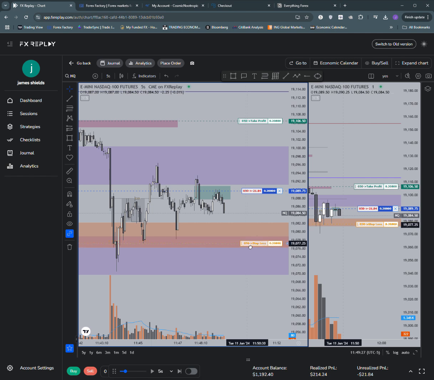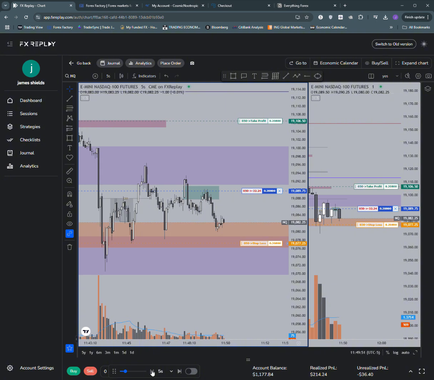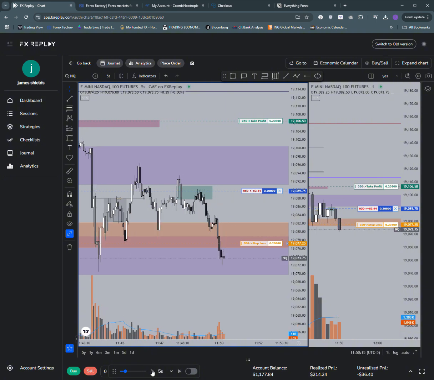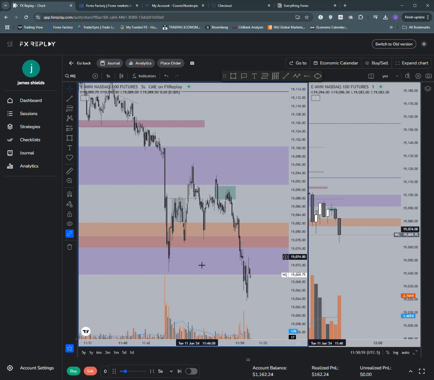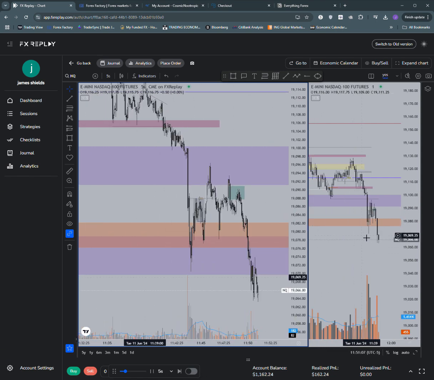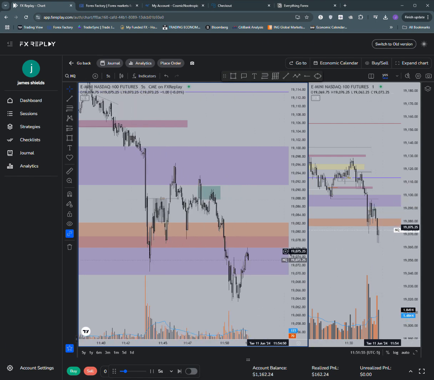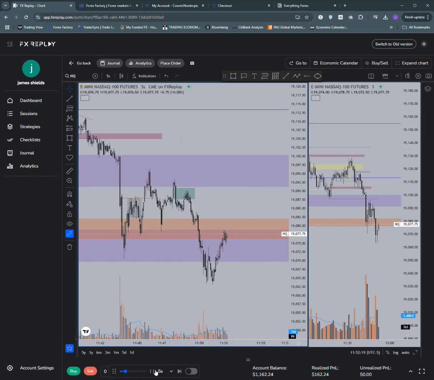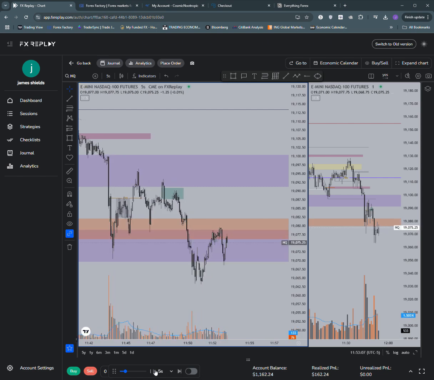I'll just move slightly right here. And we got ran out. Why is it not closing? Okay, so we use that 15-minute fair value gap as an inversion fair value gap instead.